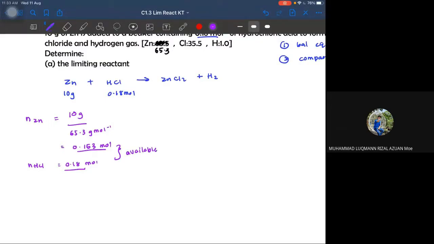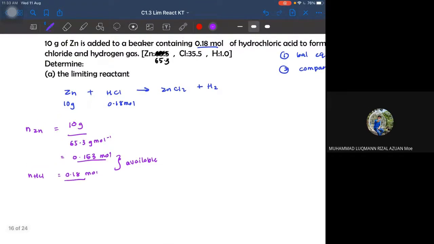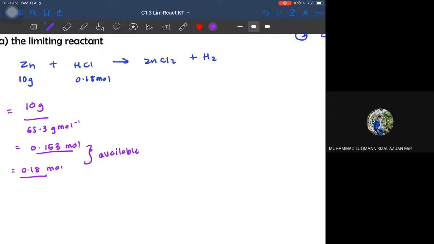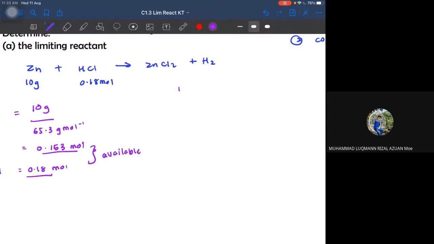Available tu yang ada dah dalam reaction. Okay, so next kita compare. Ini kalau guna method 1 lah. 1 mole of zinc akan react dengan 1 mole HCl.